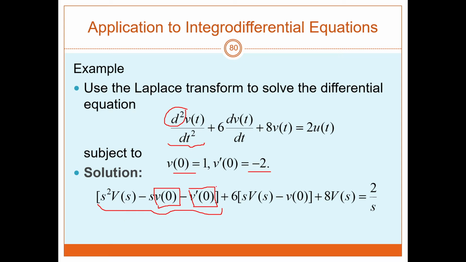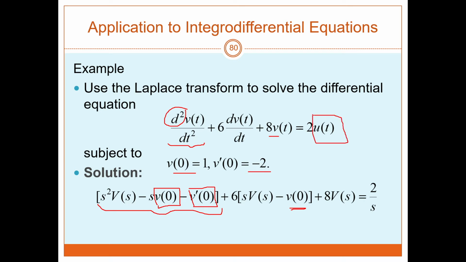So this whole set is equivalent to this part. And then the second one, 6 times the first derivative: sV(s) minus the initial condition, v at time equal to 0, which is equivalent to 1, plus 8V(s). So this is straightforward from this one, equivalent to 2u(t).